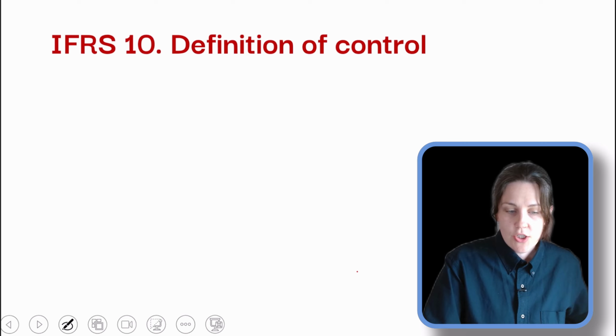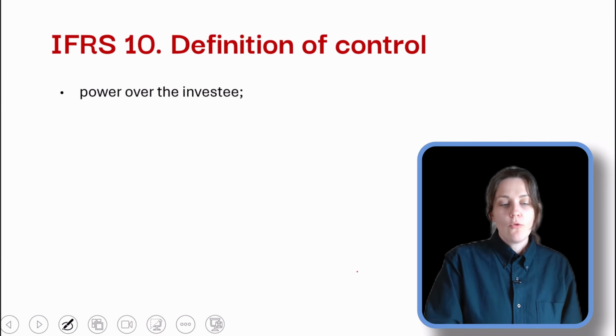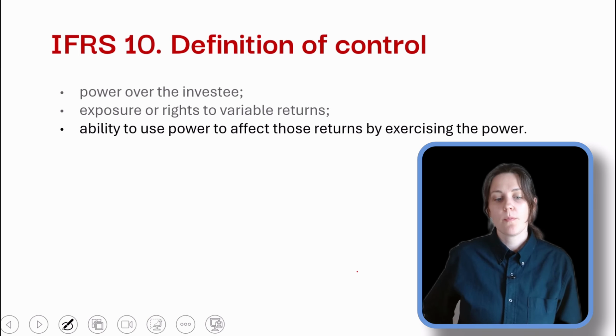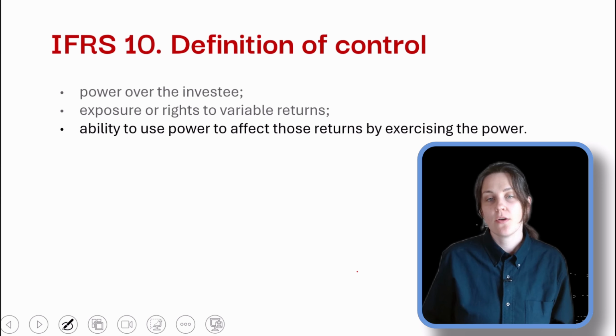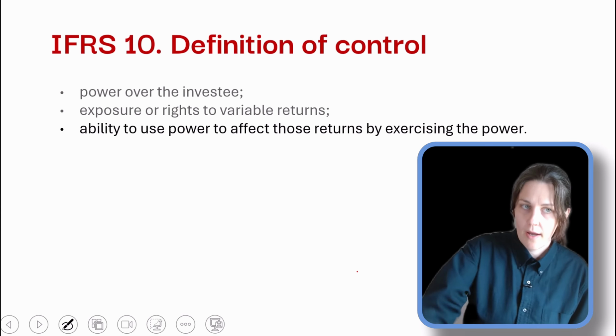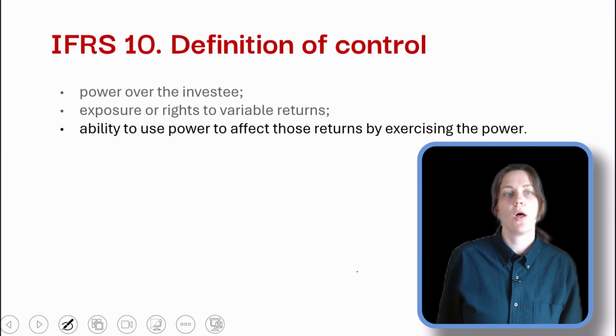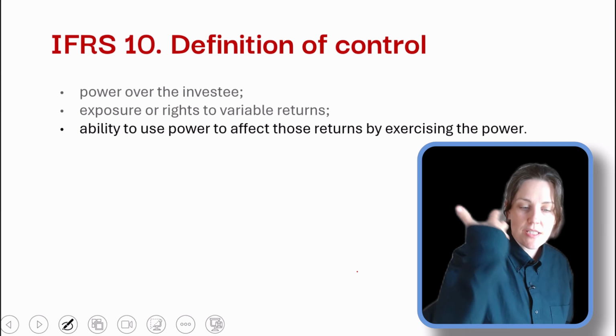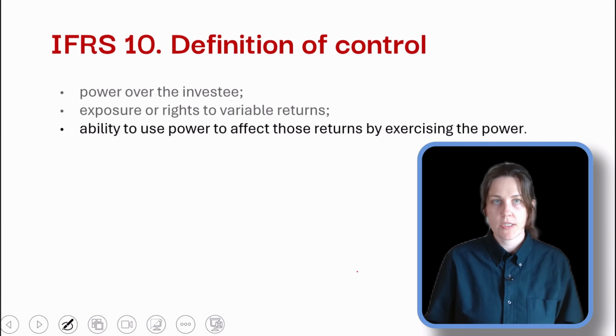So, definition of control. Power over investee, exposure or rights to variable returns, ability to use power to affect those returns. What does it mean? Well, we would need to explain why we think that we have power over the investee. So why do we have exposure or rights to variable returns?